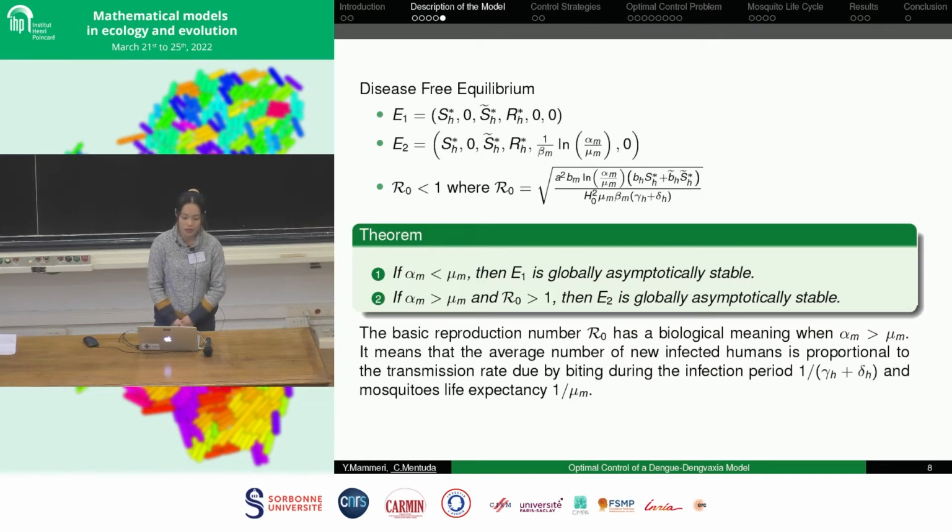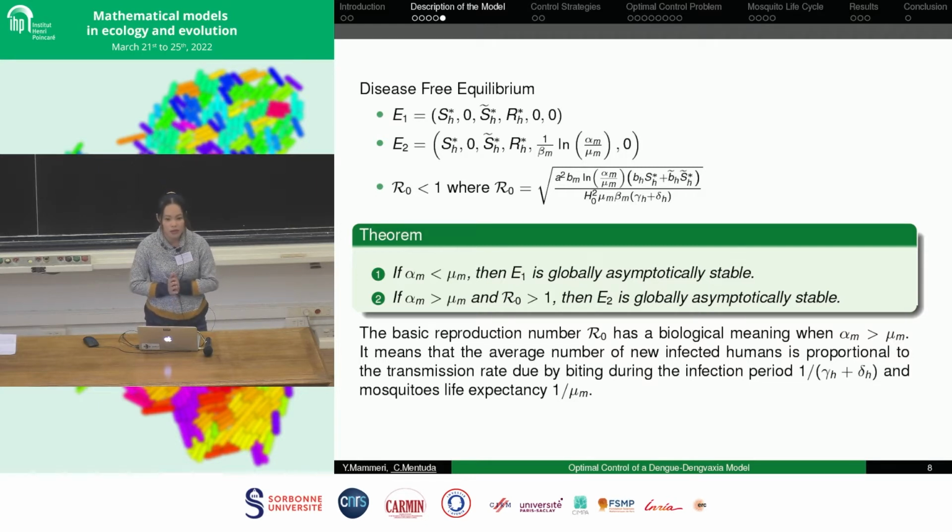We were able to prove that the disease-free equilibrium A1 is globally asymptotically stable if alpha_M is less than mu_M. And if alpha_M is greater than mu_M, given that R0 is greater than 1, we prove that A2 is globally asymptotically stable.